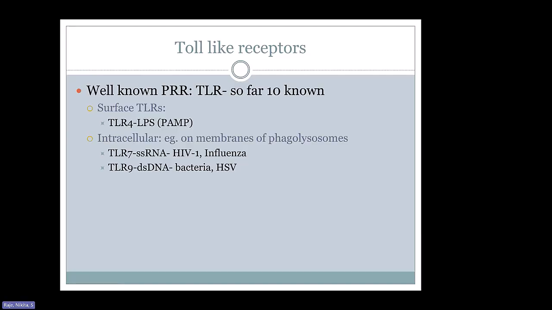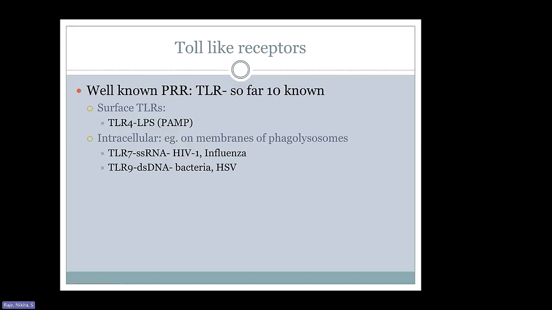So depending on where they are and depending on the type, they recognize specific PAMPs or DAMPs. For example, toll-like receptor 4 is specific for recognizing or attaching to PAMPs such as LPS, amongst other PAMPs. And then TLR7, for example, binds to single-stranded RNA.